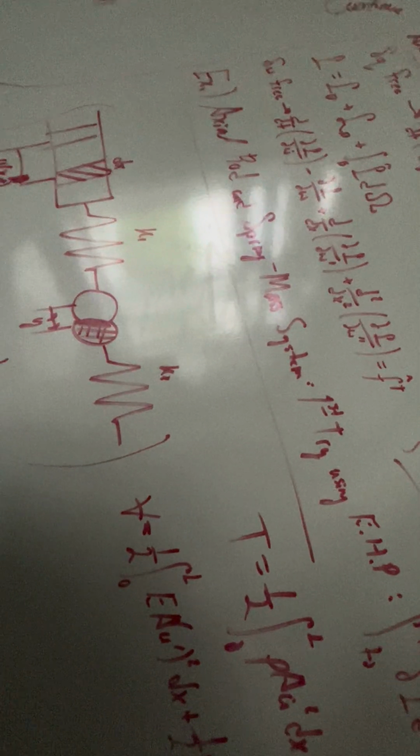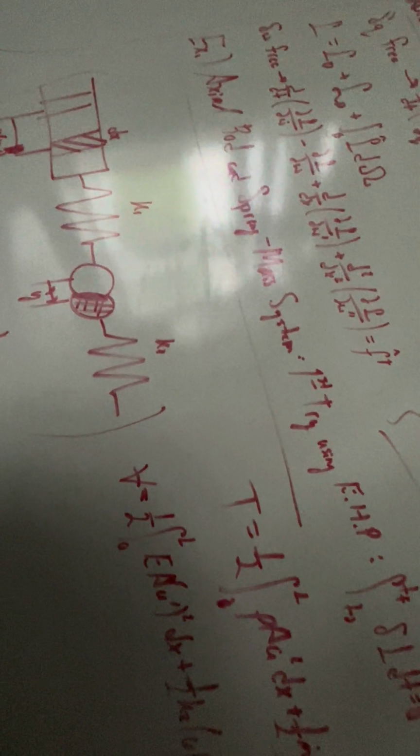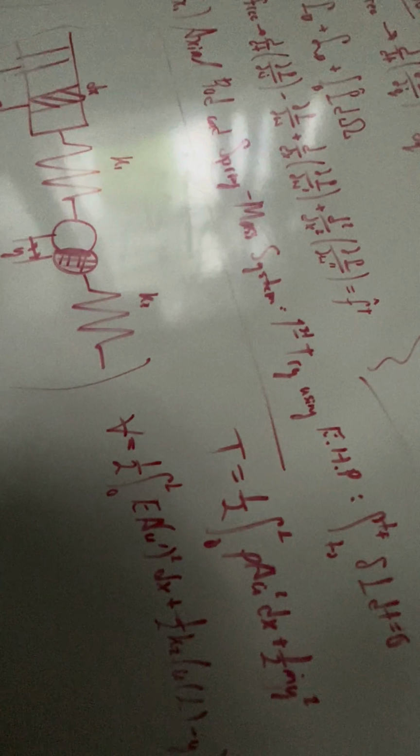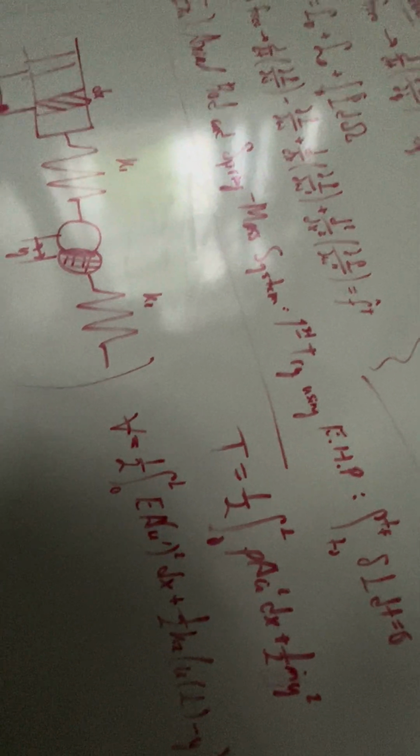We keep the integral: rho A u dot, variation u dot dx, plus m y dot, the discrete coordinates, and these are spatials.